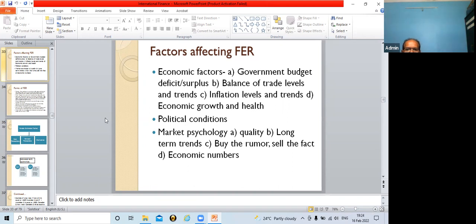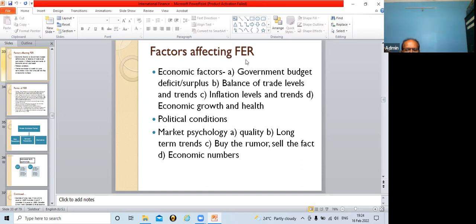So if you consider this present example of Russia and Ukraine, and observe the foreign currency of these two countries, between these 2-3 days the rates have changed like anything.